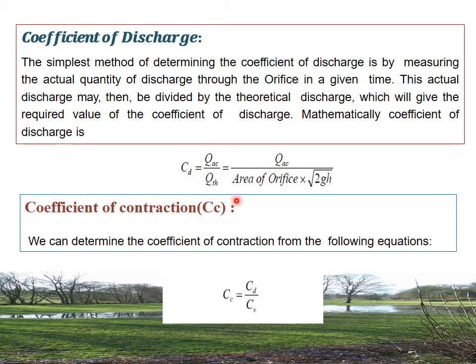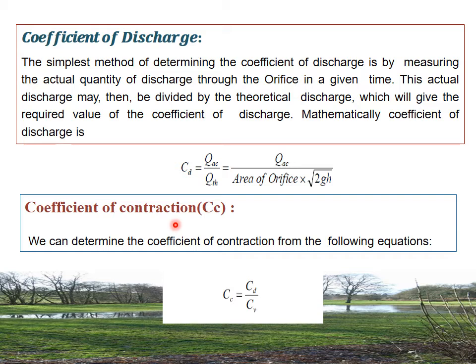Now the coefficient of contraction. The coefficient of contraction may be found by measuring the actual area of the jet at the vena contracta and then dividing by the area of the orifice.